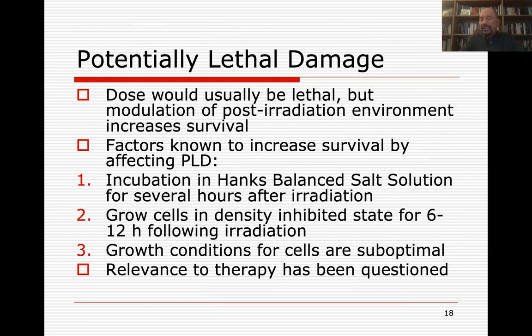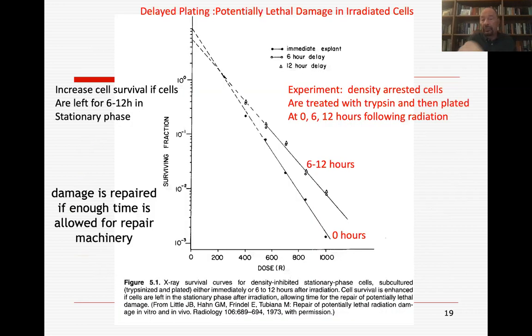This is typically seen in the so-called delayed plating experiment. So if you irradiate cells that are in resting state, they are confluent, you irradiate them, then you replate them after irradiation. If after irradiation you keep them in resting state for a long time, then you have a lower survival. So this is an example.